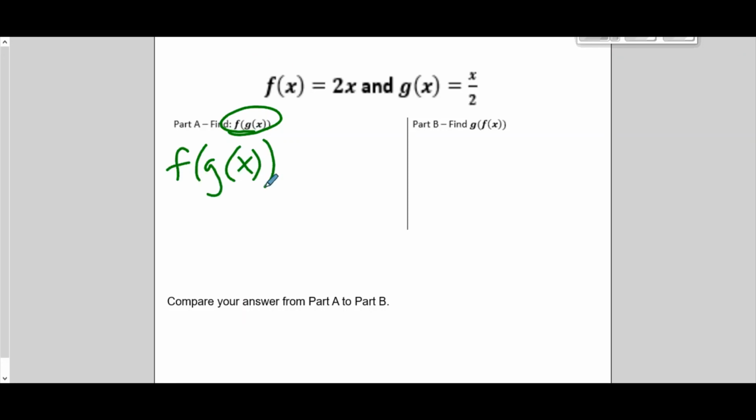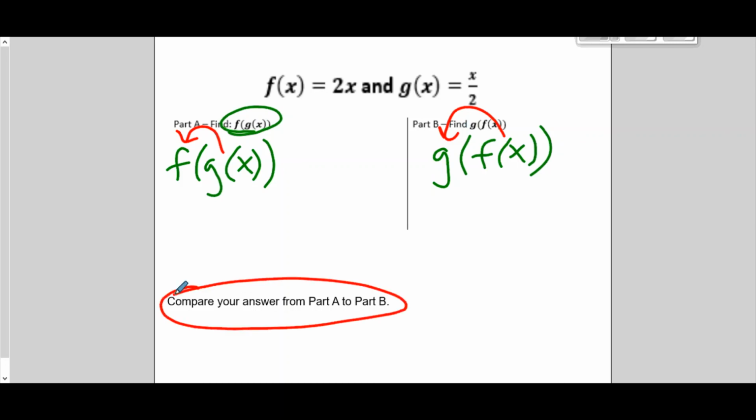So this is part A. Part B, find g of f of x. So the first time you're going to plug g into f, the second time you're going to plug f into g. Like that. And then I want you to compare your answers to part A and B. So I want you to give this one a try. Again, if you have questions, please reach out to me through email, Remind, or Google Classroom. I'll be happy to help you.